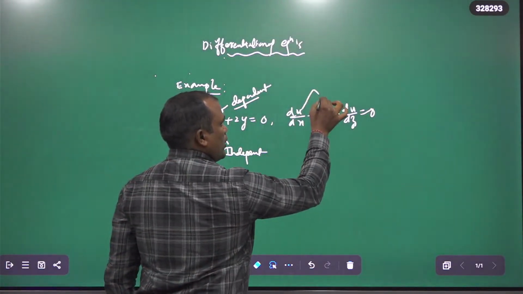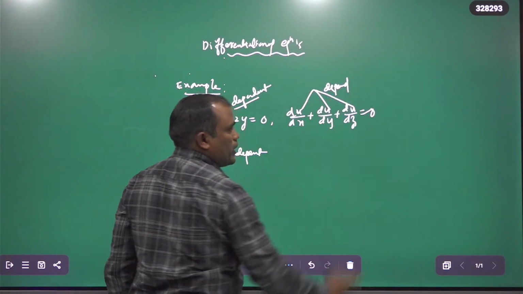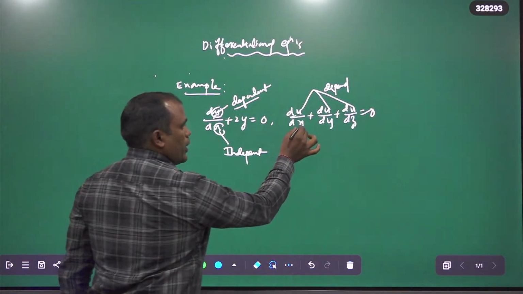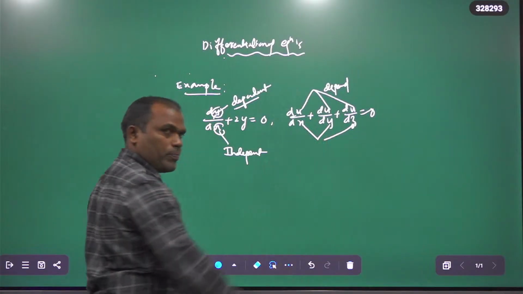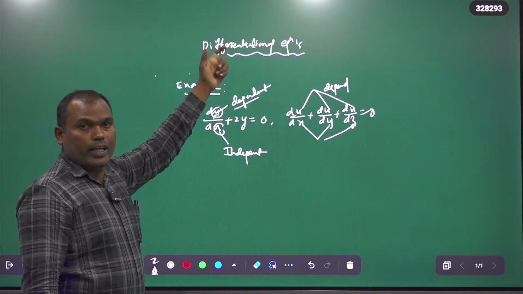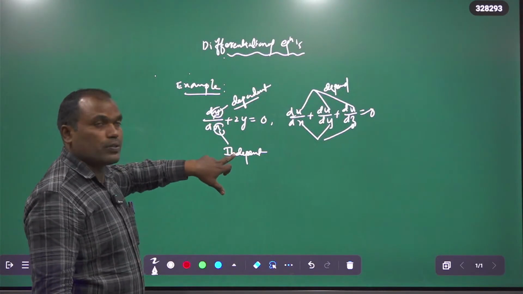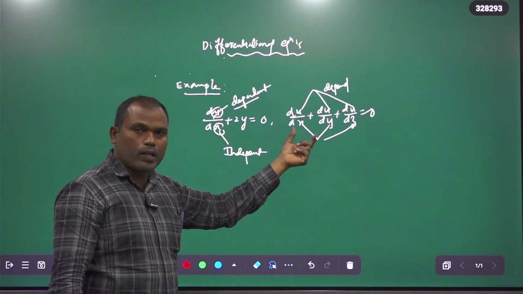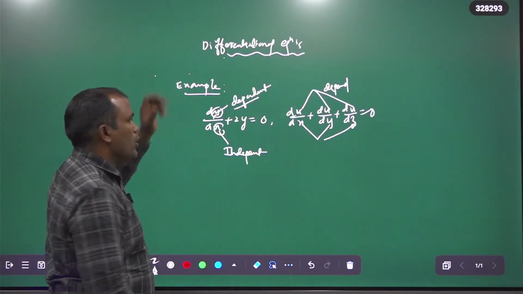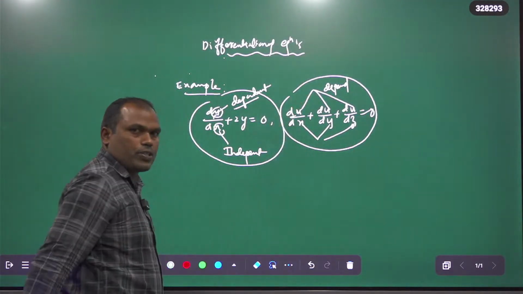In the second, u is the dependent variable, and x, y, z are the independent variables. So these two are examples of differential equations.